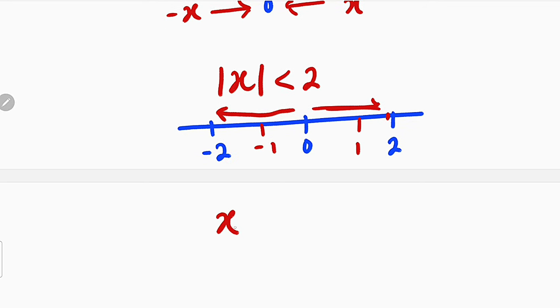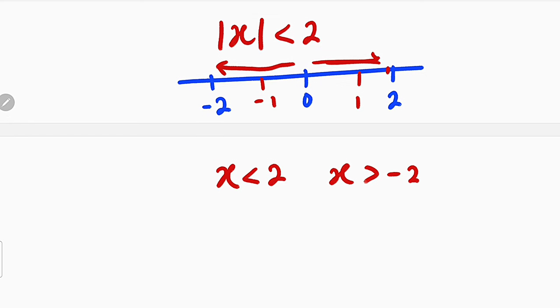This means that this particular x can be what? Less than 2. If you move towards the right hand side, you can see all these values of x must be less than 2, as well as x greater than negative 2, right? Because remember that all values to the right hand side on a number line must be greater than the number towards the left hand side. So if you consider negative 2 here, all the values to the right hand side of negative 2 must be greater than negative 2.